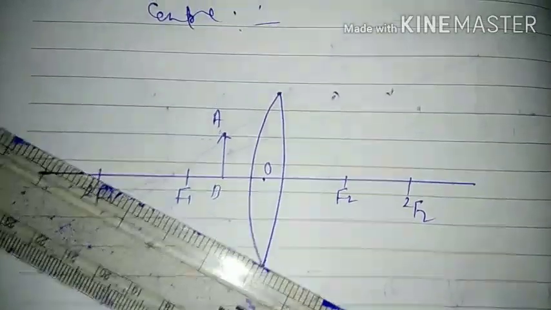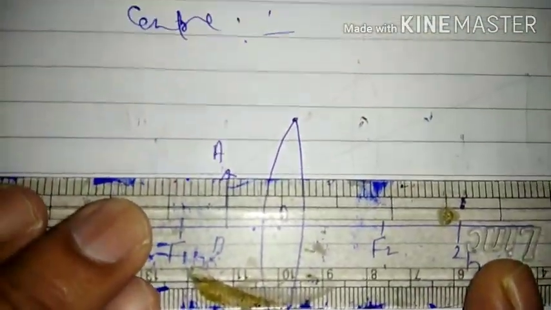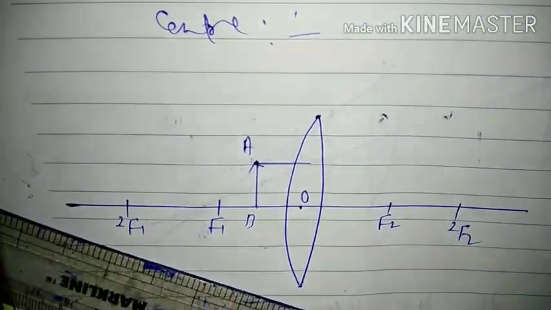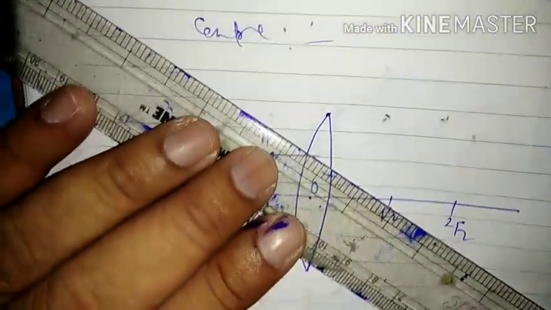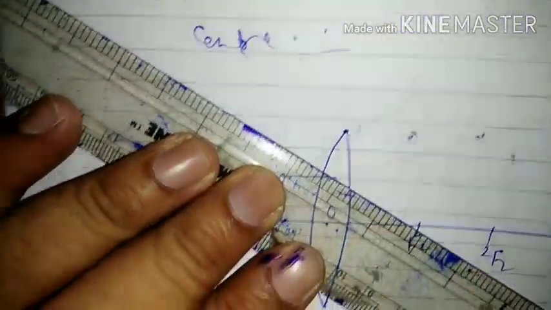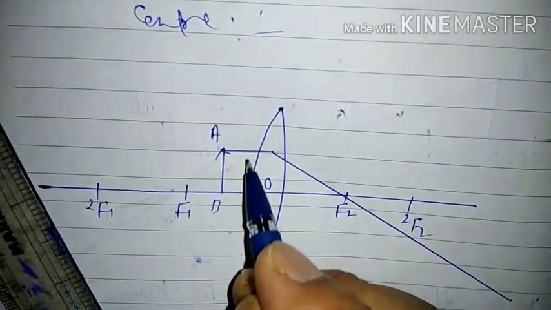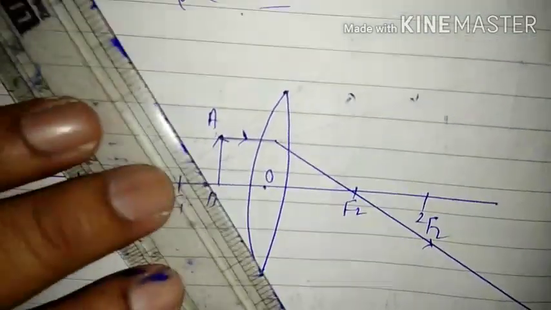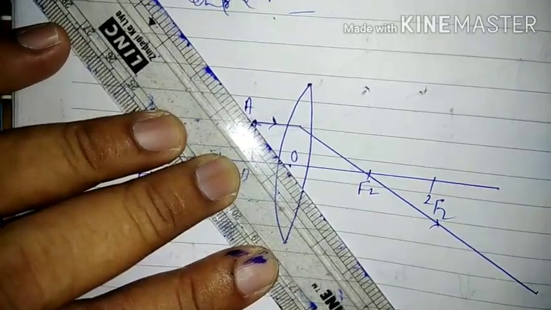Once again, we take one ray parallel to the principal axis. This is the important thing, common for all cases. This ray passes through focus f2. This is the incident ray, this is the refracted ray. And another ray we take from the optical center.